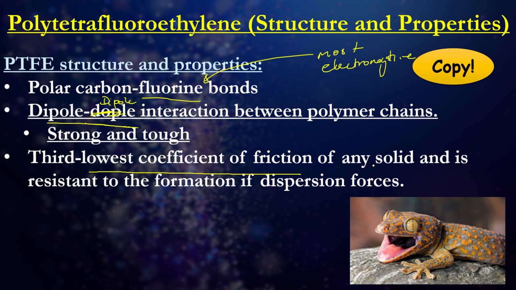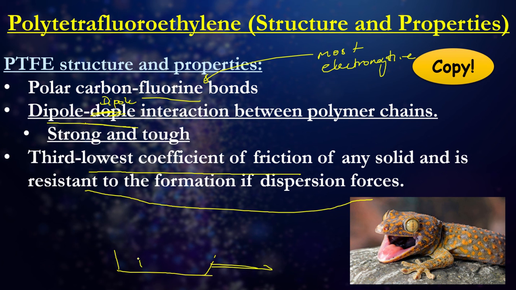The reason why it is low in resistance is because it resists the formation of dispersion forces. If you imagine when you're trying to cook, no matter what you try to do, when 2 objects contact, there is going to be some kind of dispersion force interaction, because the electrons and protons might try to interact between the 2 different objects.